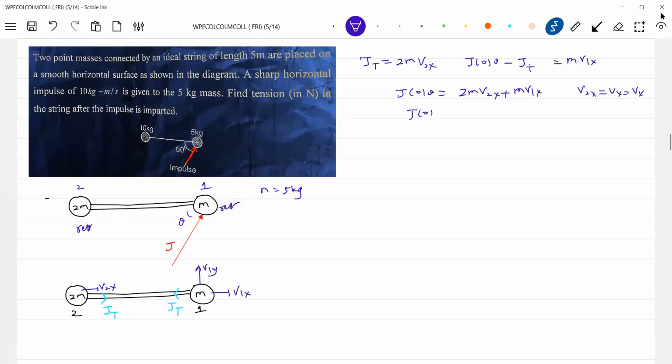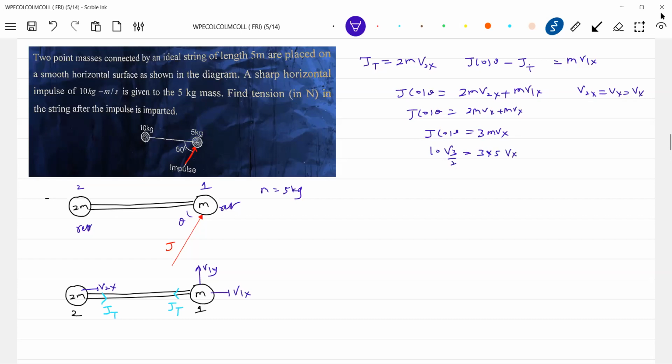So J cos theta equal to 2mvx plus mvx, or 3mvx. The value of J we know, 10 cos 30, so this will be root 3 by 2, 3. Mass is 5 into Vx.